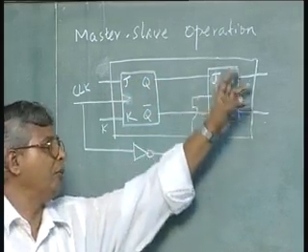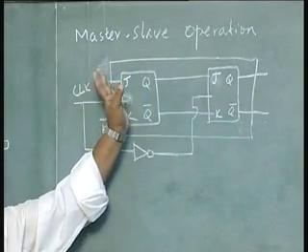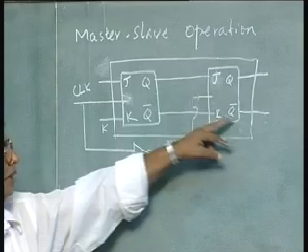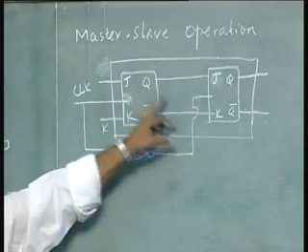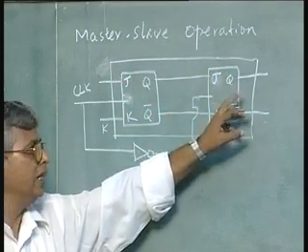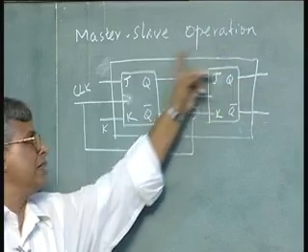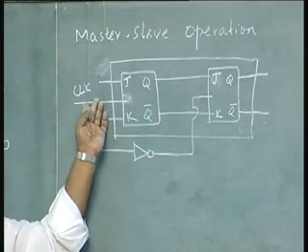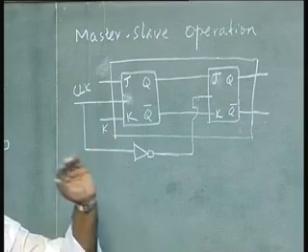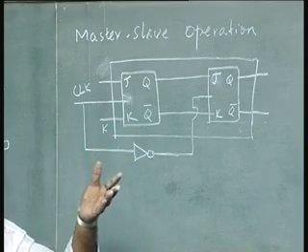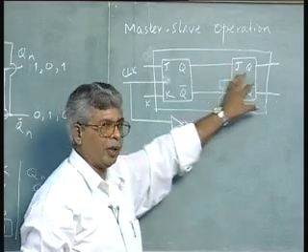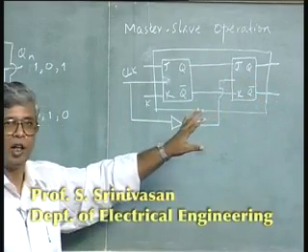So, even though there is a feedback, the feedback will not change as long as the clock is low. The moment the clock is high, this feedback condition will reach here and the output will change. By the time the output changes here, when the clock is high here, the clock will be low here, so the clock will be removed. So, I can operate at any desired clock rate because these two flip flops are isolated in their operation.